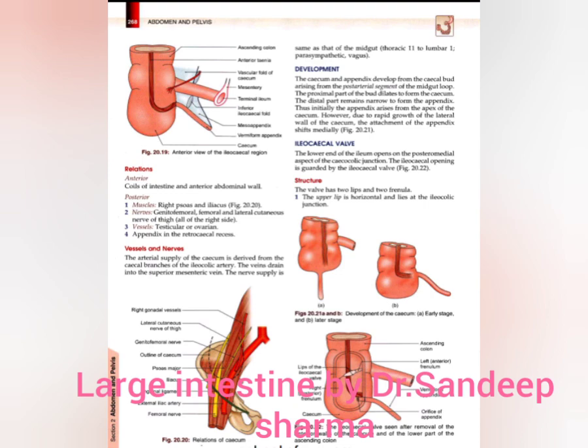The control mechanism of this valve is that it is actively closed by sympathetic nerves, which cause tonic contraction of the ileocecal sphincter, and it is mechanically closed by distension of the cecum. Functions of the ileocecal valve are: it prevents reflux from the cecum to the ileum, and it regulates the passage of ileal contents into the cecum, preventing them from passing too quickly. So it is helping in absorption also.